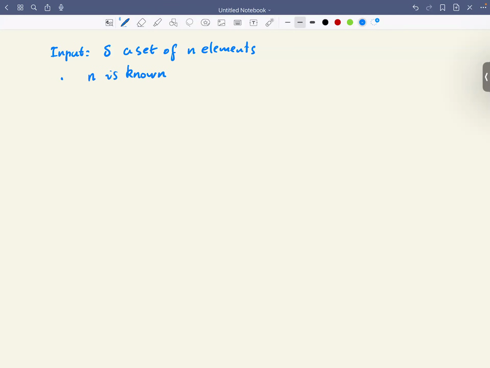Now, for the time being, you can start a new context. You can, for the time being, forget about cyclic joins. So this is defining a new problem. The size of the set is known, and also we are given two black box algorithms that are able to achieve the following.